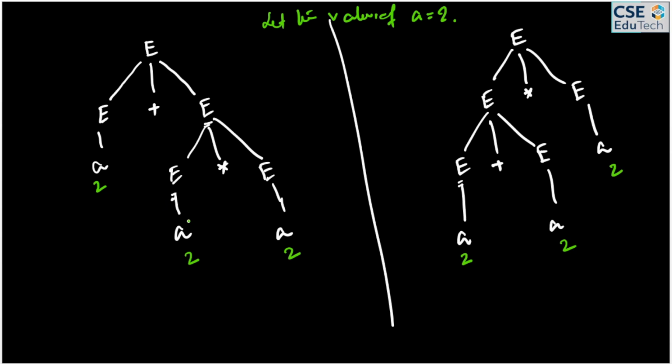In the first tree, it will first perform 2 multiplied by 2, so the value of this node will be 4, and here it is 2. Then 2 plus 4 is 6, so the result will be 6 in this case. But in the other case, first it will perform the addition. So 2 plus 2 is 4, and here it is 2. 4 multiplied by 2 will be 8.